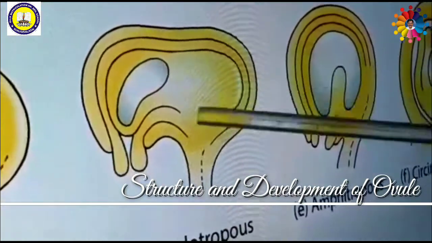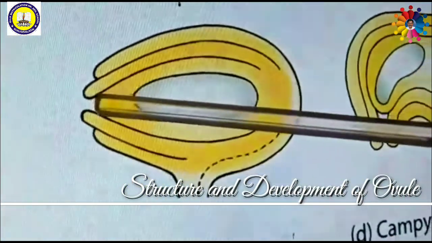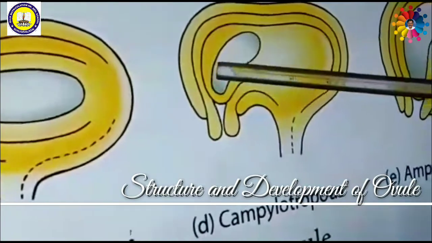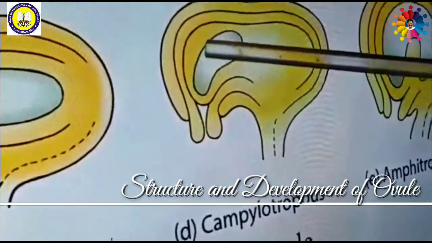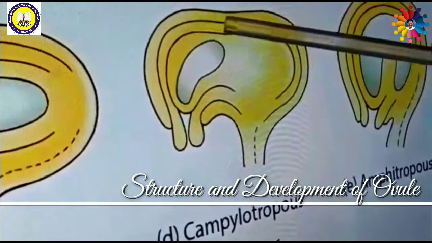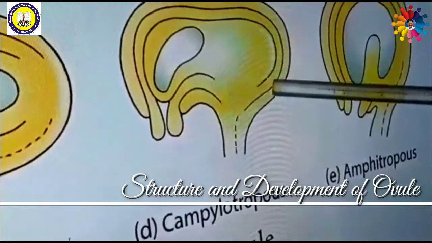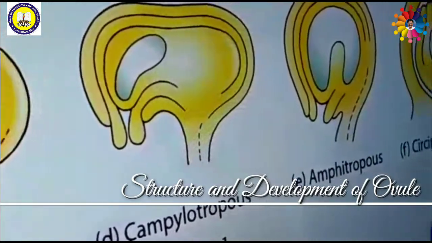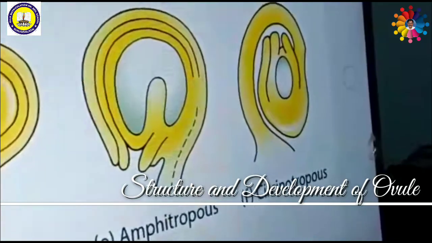But here at the corner, the micropylar end is slightly curved, and the embryo sac and nucellus are also slightly curved or bent. Such a type of ovule is called campylotropous. And the fifth one is called amphitropous.